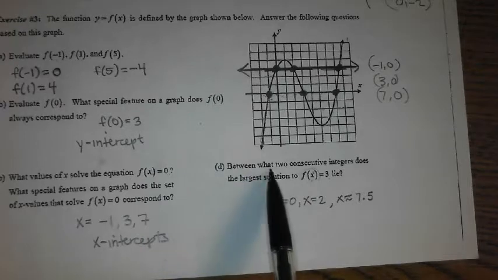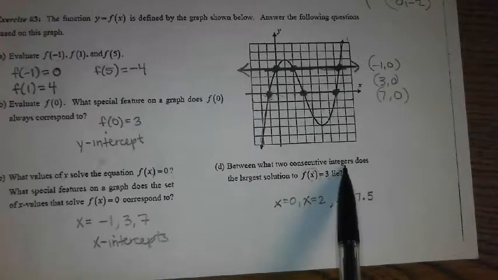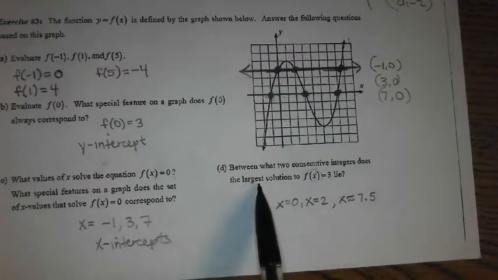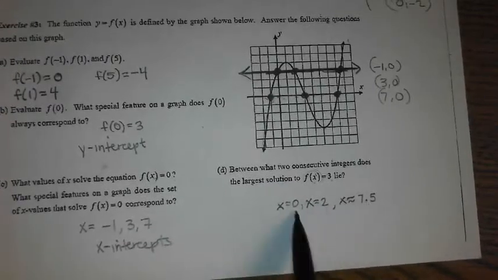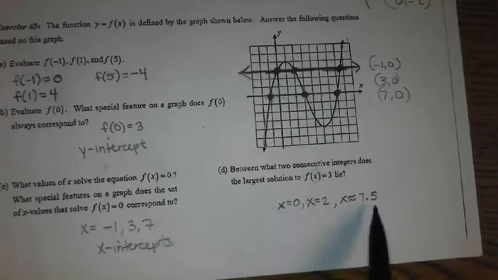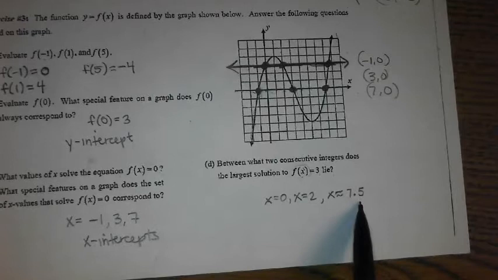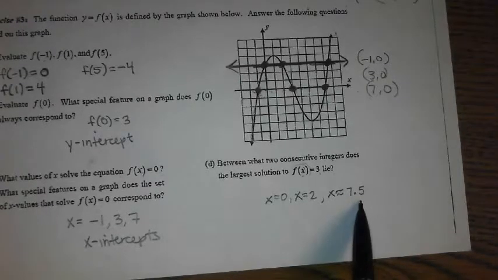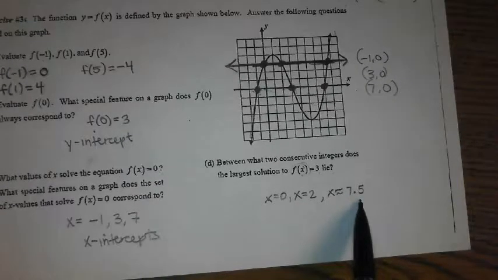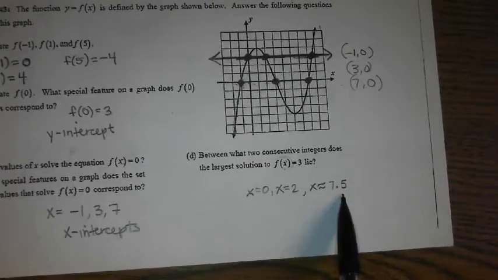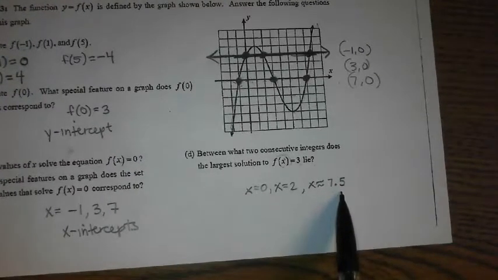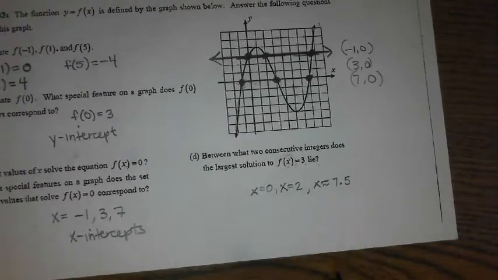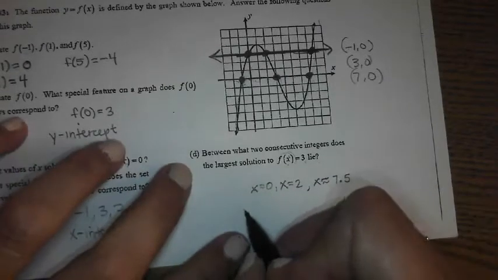They are asking between what 2 consecutive integers does the largest solution, so which one is the largest? 7.5. In between which 2 consecutive integers? Integers just kind of means whole numbers, non-decimals. Either positive or negative, but in this case, what 2 numbers is 7.5 between? 7 and 8.